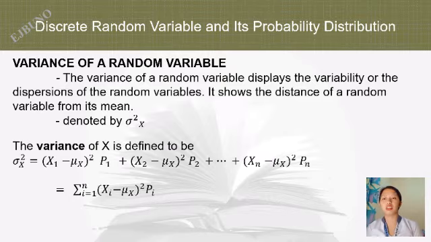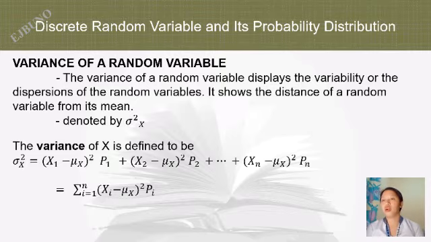The variance of x is defined to be the quantity x sub 1 minus mean value, quantity raised to 2, times p sub 1, plus quantity x sub 2 minus mean value, quantity raised to 2, times p sub 2, until plus quantity x sub n minus its mean value raised to 2, times p sub n, or simply the summation of quantity x sub i minus its mean value, quantity raised to 2, times p sub i.